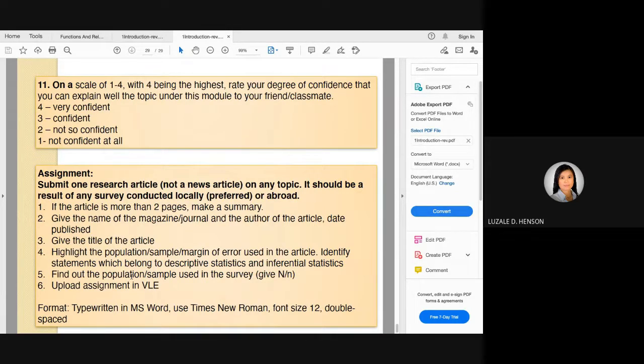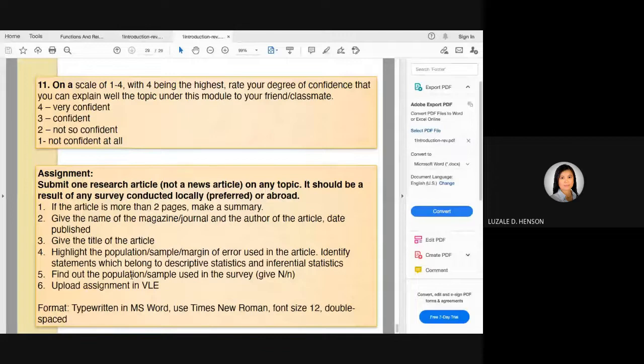You give the name of the magazine or kung anong source nun, si author nun, kailan yon, give the title of the article, highlight the population, yung mga terms na diniscuss natin ngayon. You highlight that, kung anong sample, nag-sample ba siya, meron bang binanggit na margin of error, identity, statements, etc.